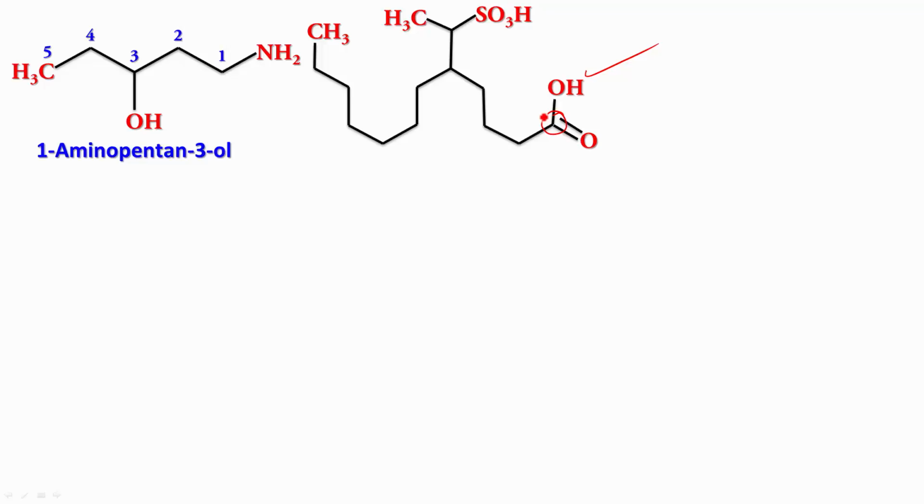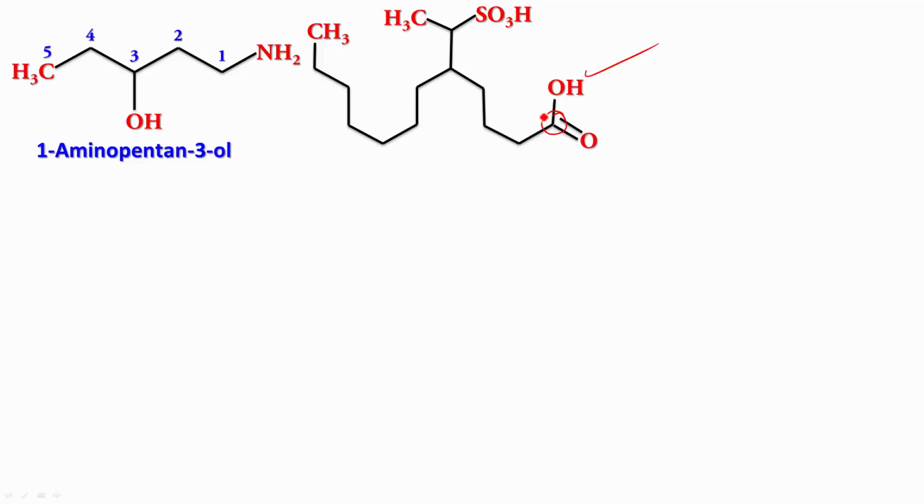Now, which should be the parent chain? Well, the first point doesn't work because there is only one principal functional group. Second point says maximum number of carbon-carbon multiple bonds. Well, you don't have any carbon-carbon multiple bonds. So, the third point says maximum number of carbon atoms.